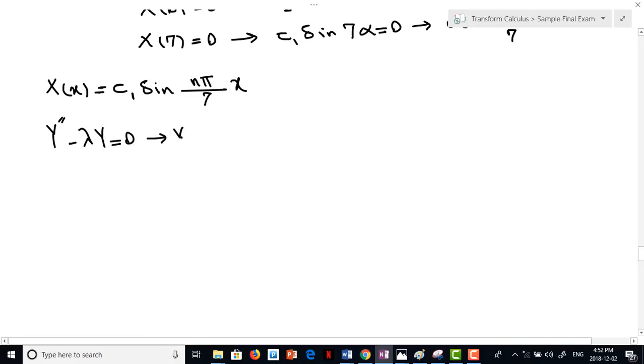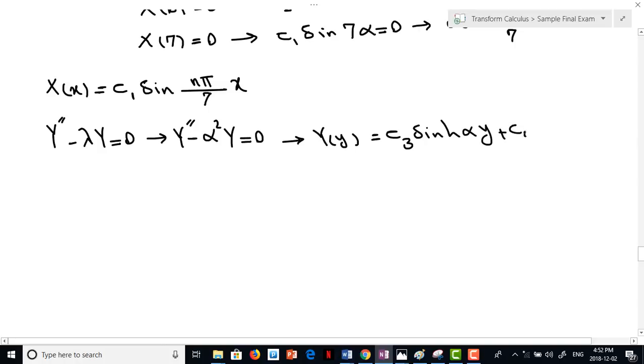As a result, y double prime minus alpha squared y is equal to 0. Solution of this ordinary differential equation is in the formula sheet. So Y of y is equal to C3 sine hyperbolic alpha y plus C4 cosine hyperbolic alpha y.